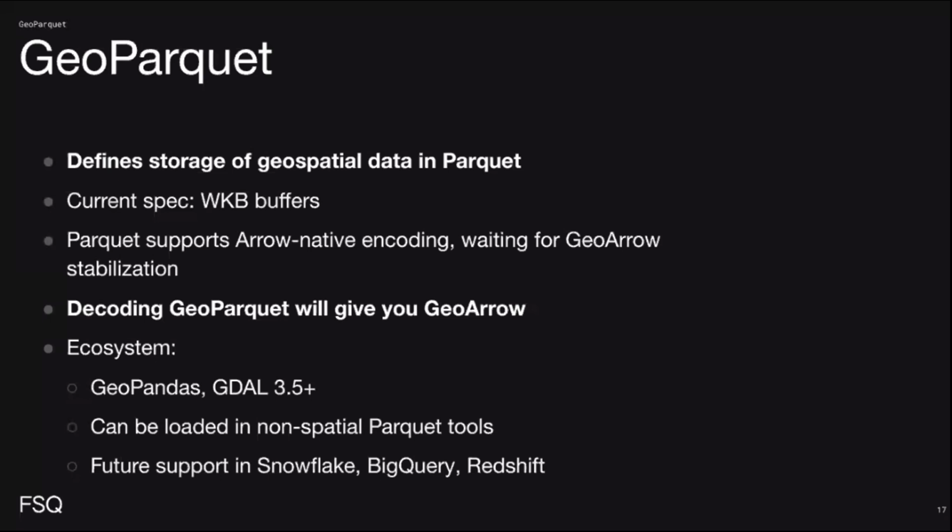But in the future, once the Arrow native encoding that I described at the beginning is stable, that encoding will probably be supported in GeoParquet as well. And so once that happens, just loading GeoParquet with any Parquet library will automatically give you these GeoArrow buffers.